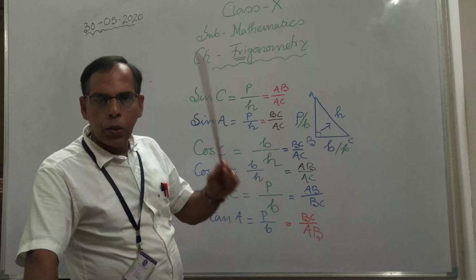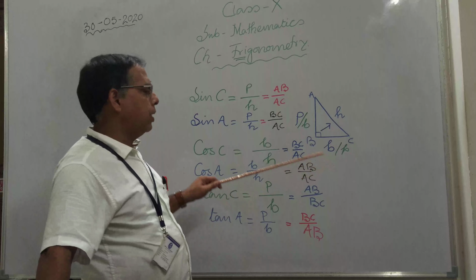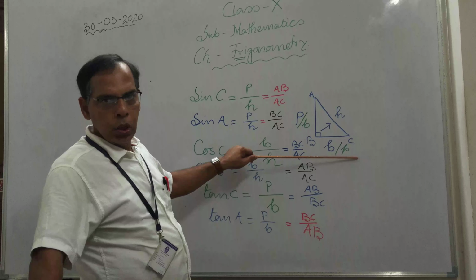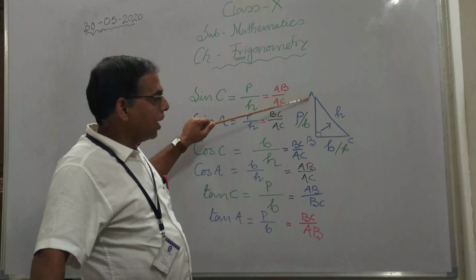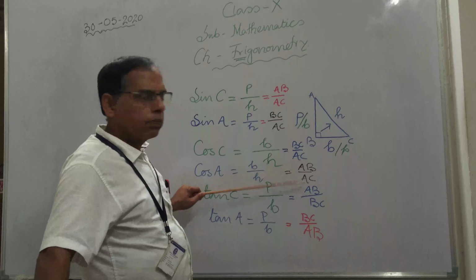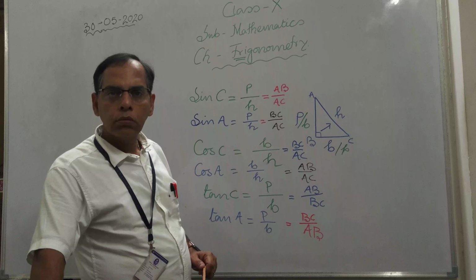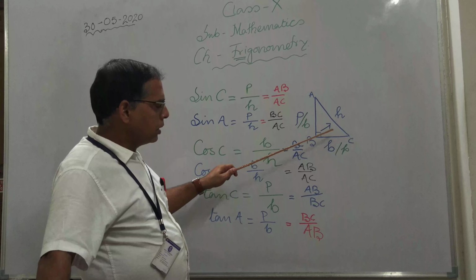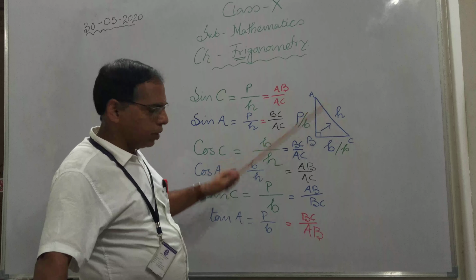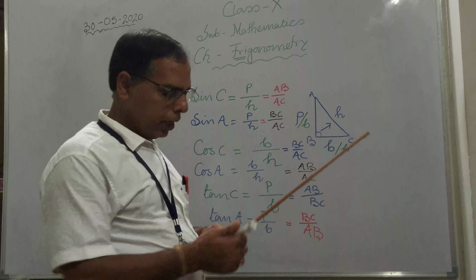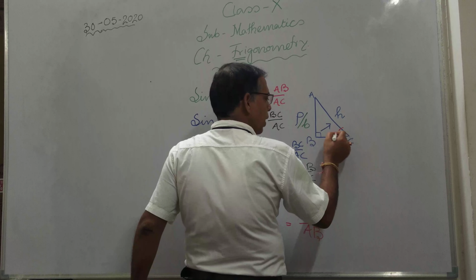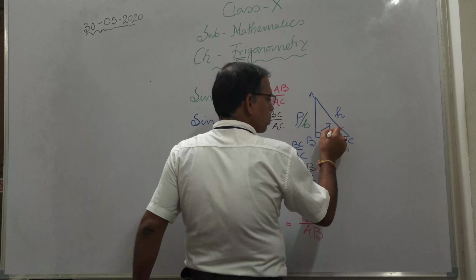And the side adjacent to the angle is the base. When we have taken cos C, BC is the base. When we have taken cos A, AB is the base. Once again, just see. What did I say? Side opposite to the angle considered. That means this angle I have considered, opposite to that angle is this one, AB.